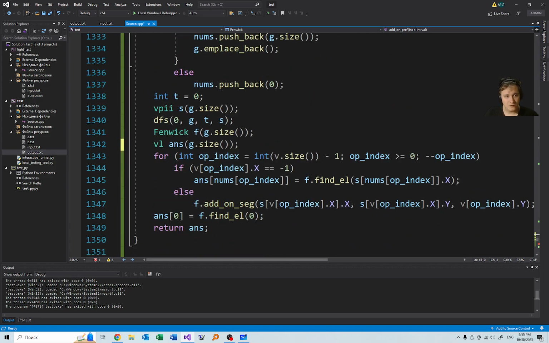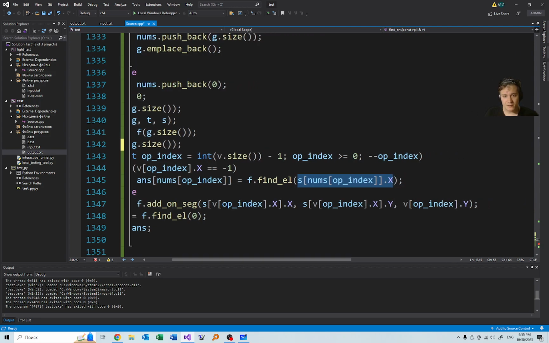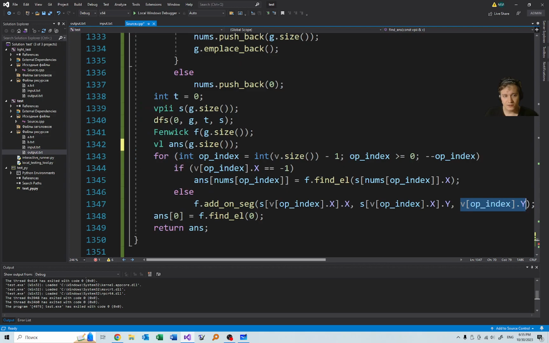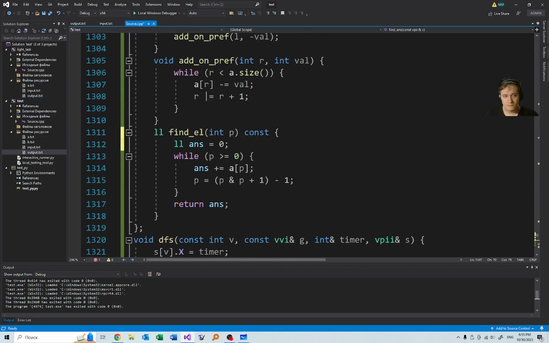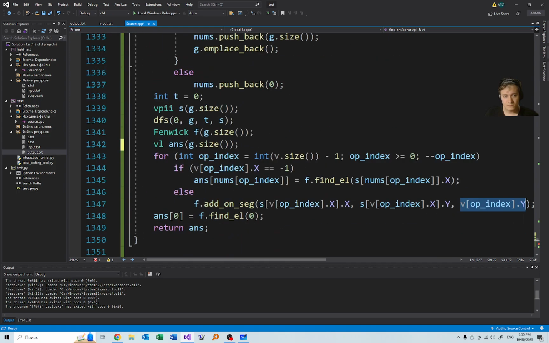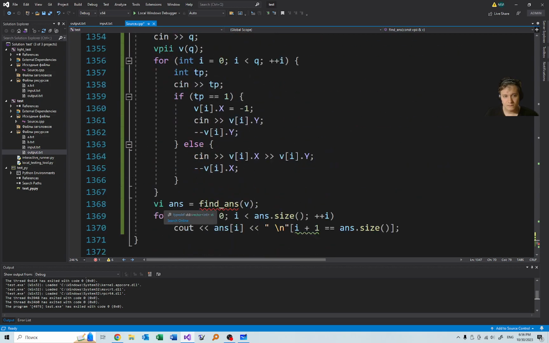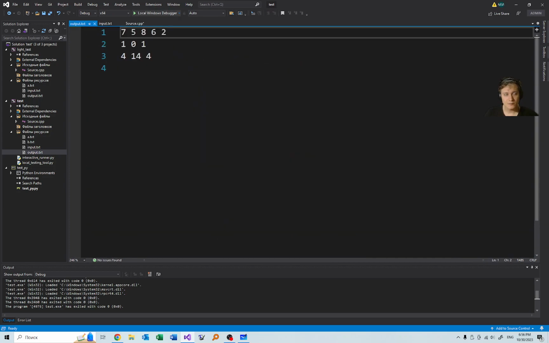So we have Fenwick. We either find element to the long ones, or we add this number on segment. It should be fine.